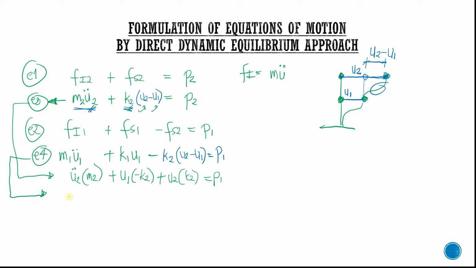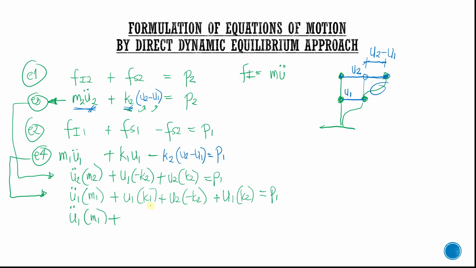And then this one will become U double dot, the response acceleration of the first floor, times the mass of the first floor plus, if we distribute that one, we can write it as U1 times K1, then plus U2 times negative K2, plus U1 times K2 is equal to P1, or U double dot 1 times M1.